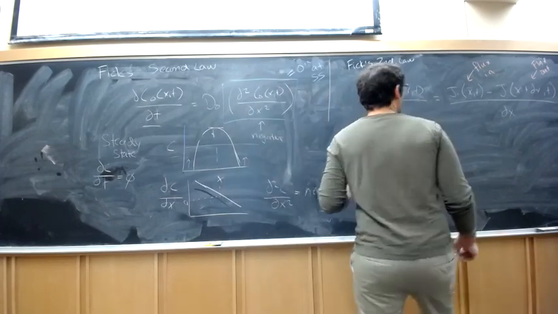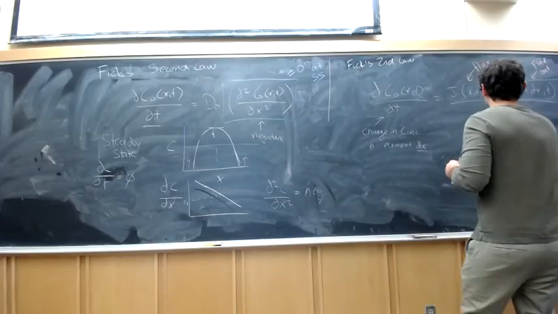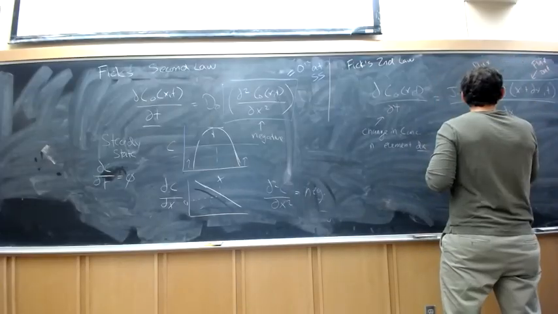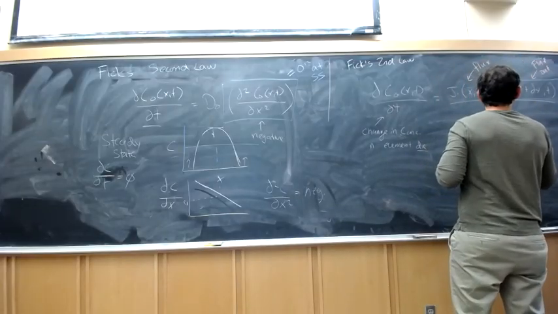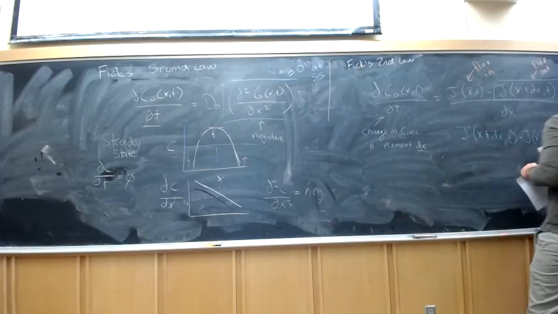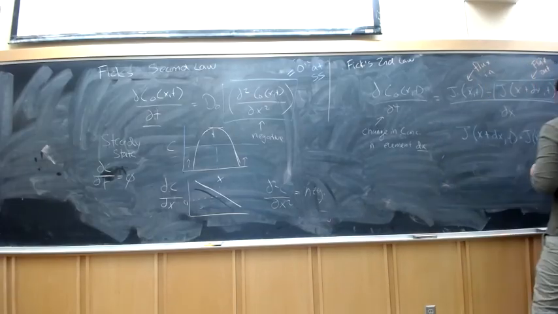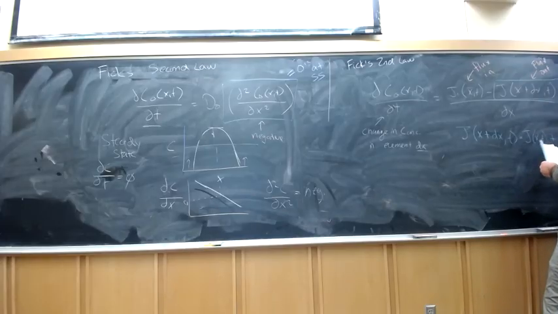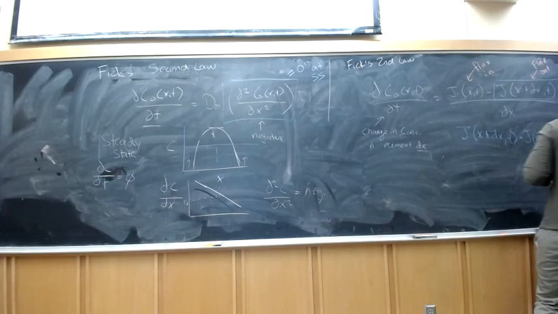And then I can write this term, J(x+dx, t), equal to the flux at point x plus the derivative of the flux with position times the change in position.